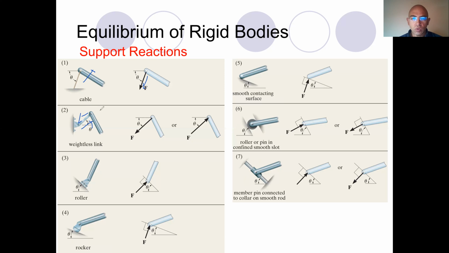Or if you want to move this object in this direction, this link will pull it back. So there will be a force in this direction. So this is how the supports work. Of course, there are other types of supports.